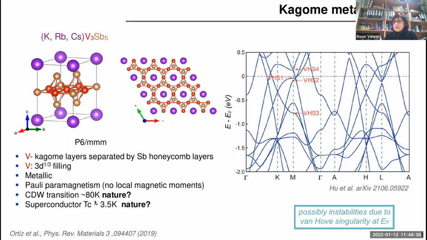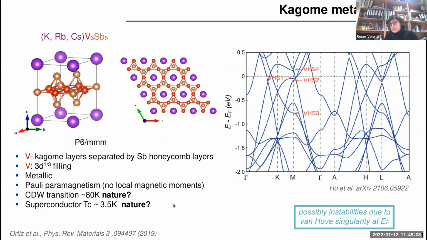There is a transition into a charge density wave phase. So the system, in fact, distorts into a superlattice, which is a 2x2 Kagome superlattice. And going further down in temperature, the system becomes superconducting. A lot of discussion is going on about the nature of this charge density wave, as well as the nature of the superconducting phase.